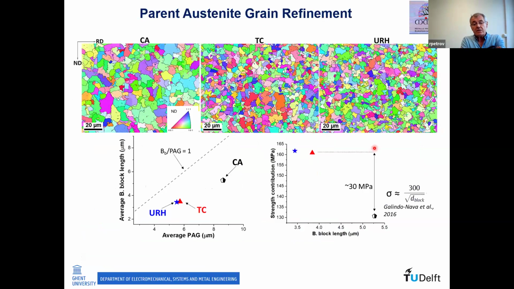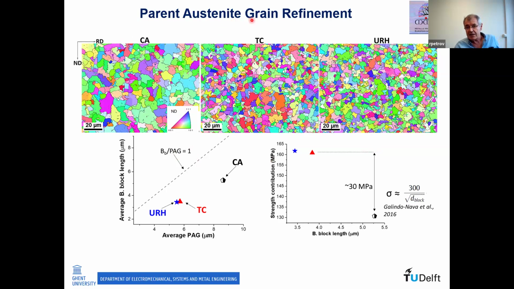And these are reconstructed inverse pole figure maps and normal direction inverse pole figure maps of prior austenite grain size. We use here the Oxford TSL software for reconstruction using the KS, Kurdjumov-Sachs reconstruction algorithm. And as you see, in conventional annealing, this is the structure.